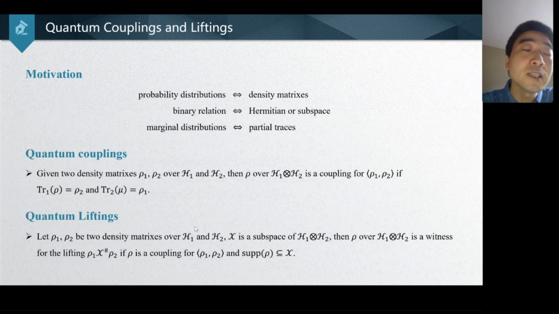We give two density states, rho 1 and rho 2, so we can define a coupling of rho 1 and rho 2 on the joint space: trace 1 rho equals rho 2 and trace 2 rho equals rho 1. And rho over H1 tensor H2 is a witness of the lifting.